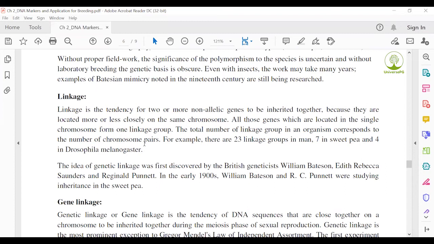Therefore, when the two chromatids of the same chromosome exchange their alleles from one chromatid to another chromatid, the gene is transferred from one chromatid to another. This process is called crossing over. Crossing over is also called genetic recombination.